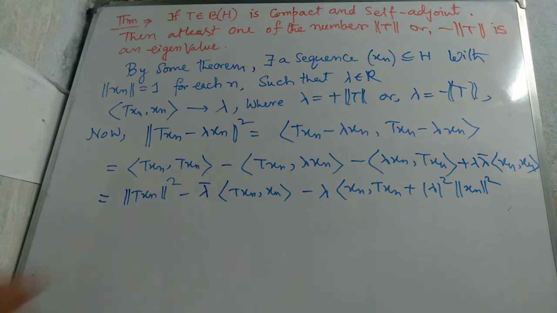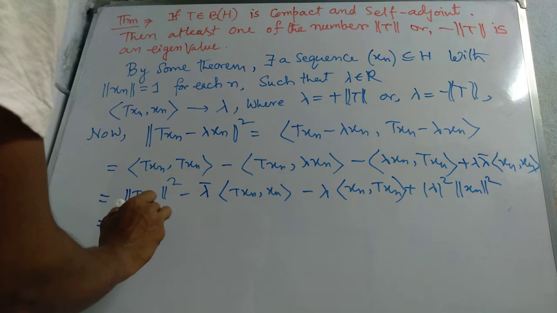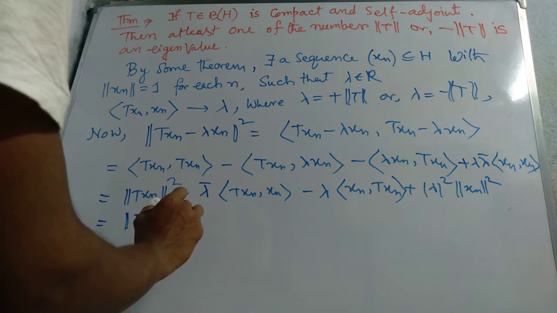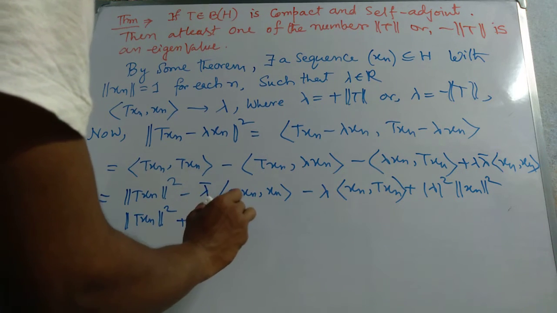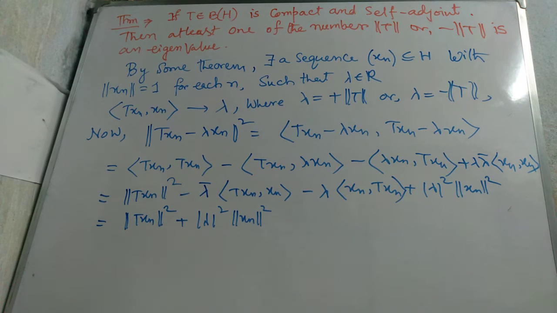Okay, since T is self-adjoint, so norm of Tx_n squared plus norm of lambda squared x_n squared. Okay, norm of x_n squared.